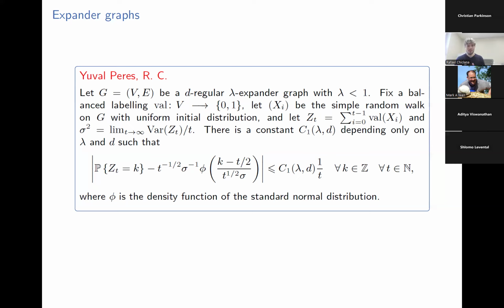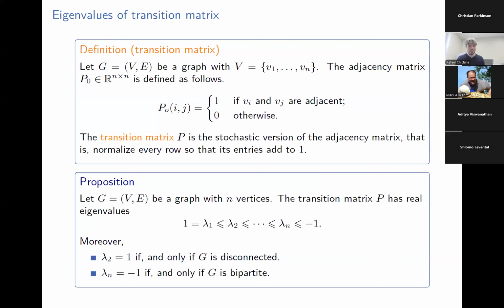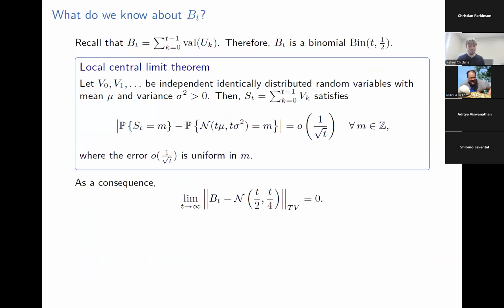So it's a general result, but the bound you get is 1/t, which, if you think about it, if you go to the classic local central limit theorem, which works for independent, identically distributed random variables, the error they get is something better than 1/t, but we are getting something way better. So this result, although it's more general because it doesn't require independence, it's giving you a better rate.